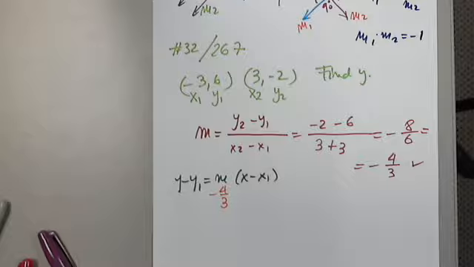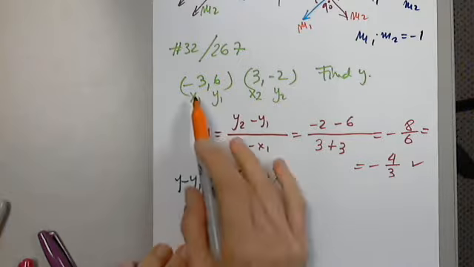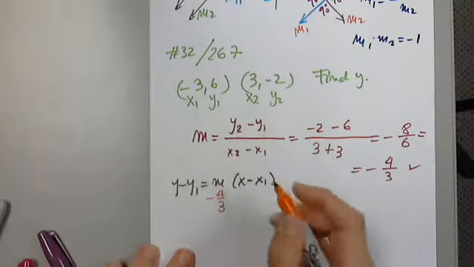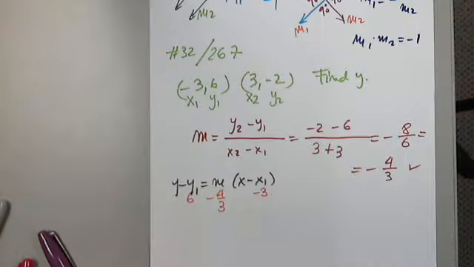And now I have to make a decision which point to use. If you use point 1 and I use the second one, we'll still get the same answer, no matter what. So which one do you want to use? You want to use negative 3, 6? Then we put negative 3 and 6. The reason why I prepared the information under the equation is because I don't want to write parentheses and parentheses and parentheses.